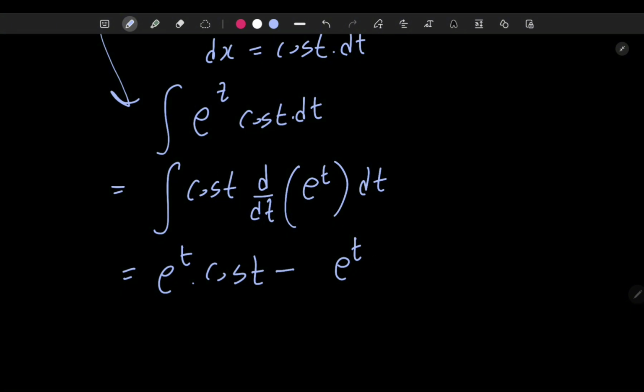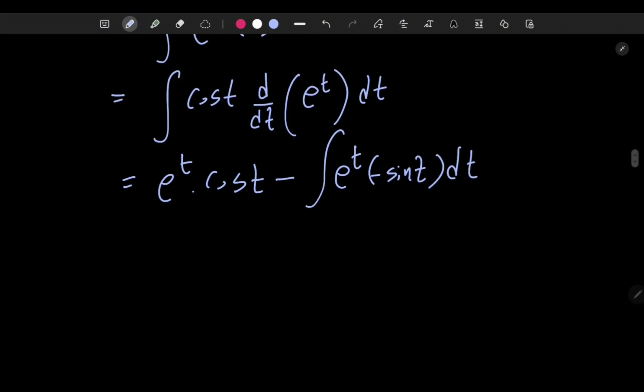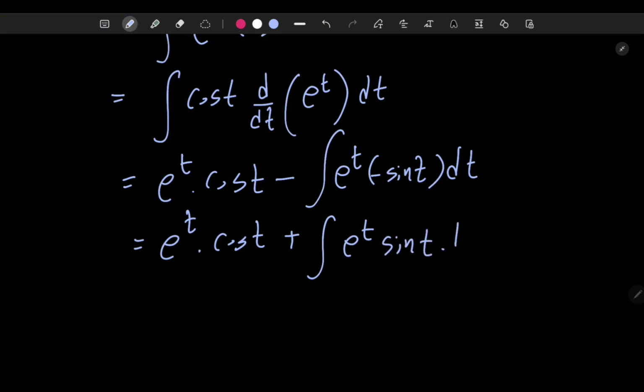The differentiation of cos is minus sin t, so I am writing this as sin t, but there is still the integration, right? Now I am taking the negative sign outside of the integration, then minus times minus is plus, right? So e to the t cos t plus the integration of e to the t sin t dt.